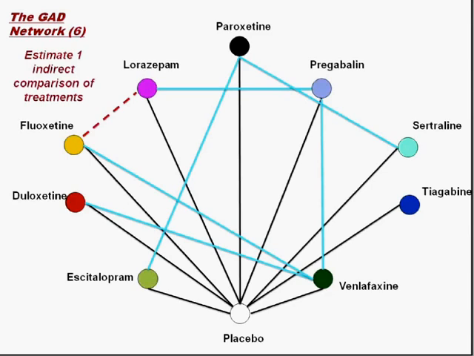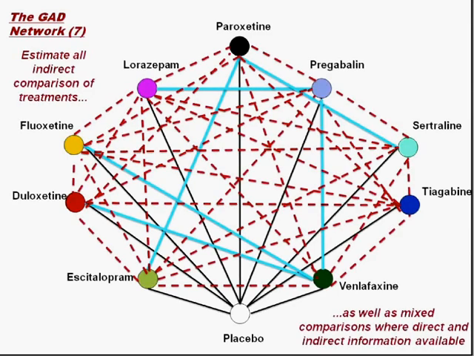What network meta-analysis will actually allow us to do is estimate every possible pairwise comparison of treatments in our network. And that's what all of these dashed red lines show: comparisons where we don't have information, but using the indirect information we can estimate them.